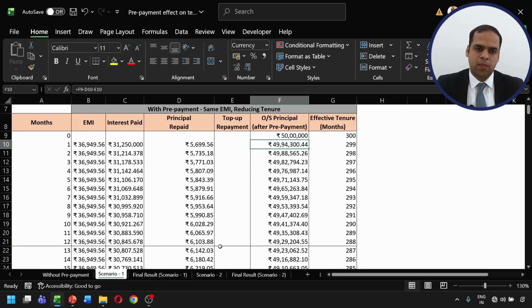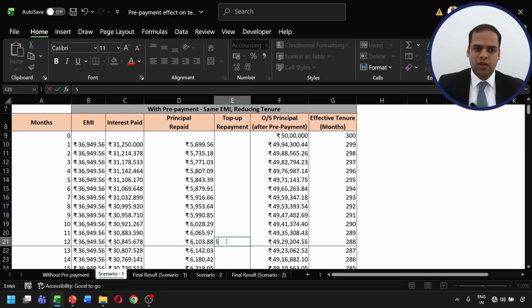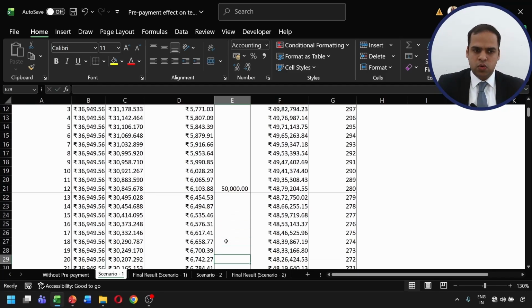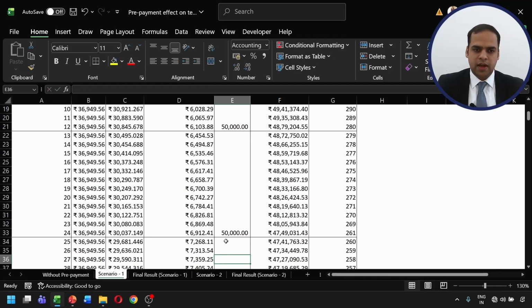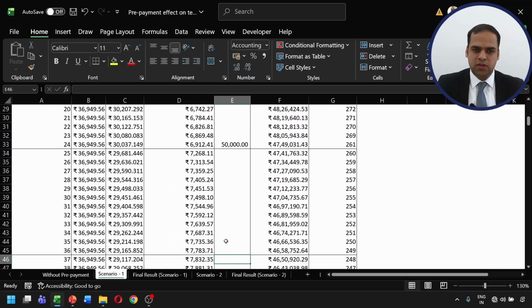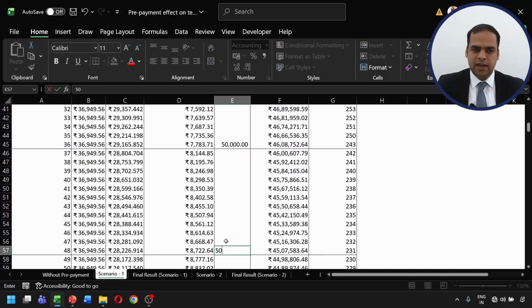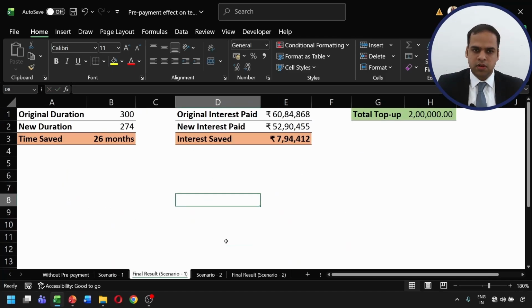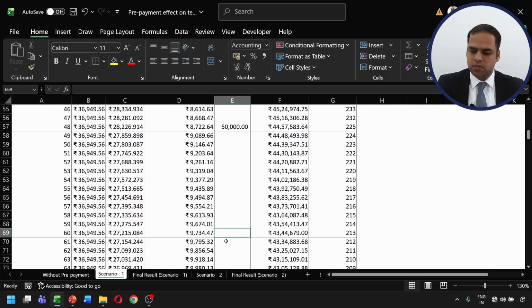So in the example we have taken in the presentation, we have assumed that at the 12th month we pay 50,000, at the 24th month we are paying 50,000, at the 36th month we are paying 50,000, and at the 48th month 50,000, at the 60th month 50,000.